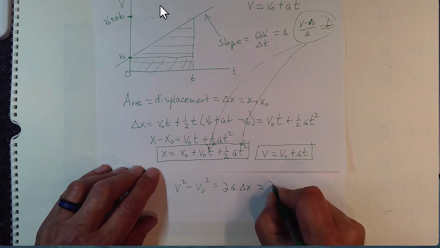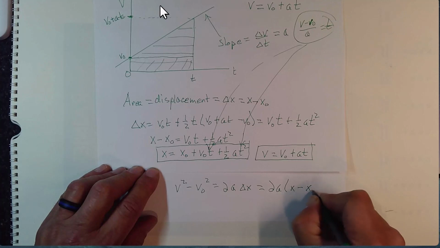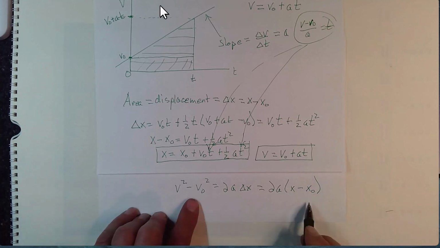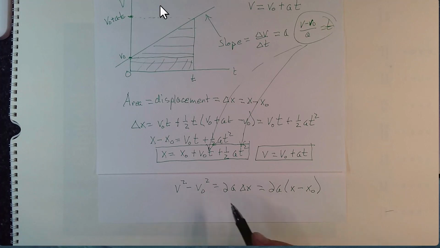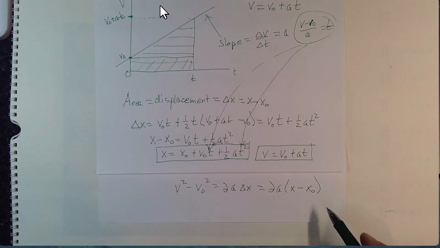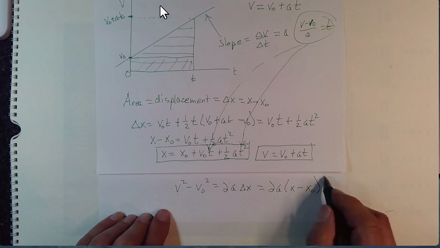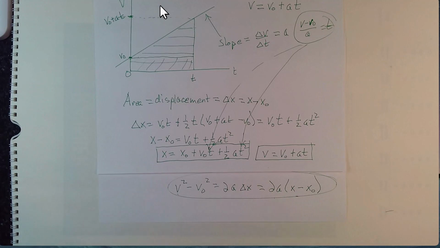So you can think of it that way. Well, that's an equation that doesn't even have time in it. Every once in a while, you'll get a problem where it just asks you, how far does it go? It's got this initial velocity, this final velocity, that's what the v would be, and the acceleration is this, how far does it go during that time? And you can use this equation for that. So that's a third equation of motion for constant acceleration.